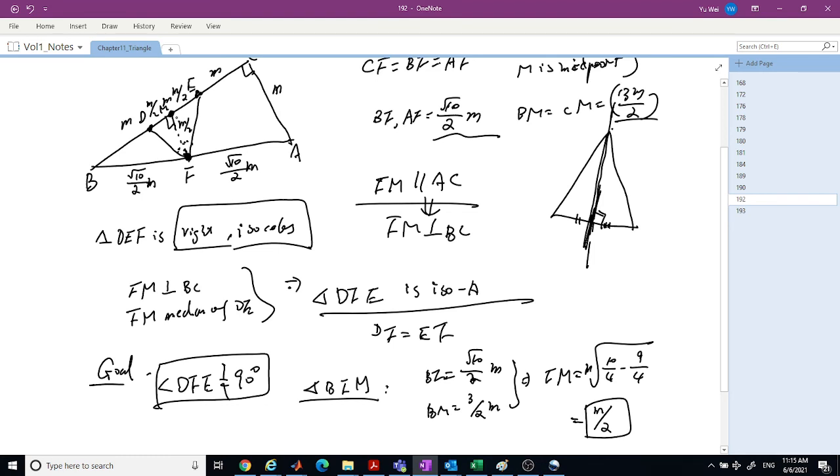So this is M over 2, and this is the 90 degrees. So you know this one is 45 degrees, and this one is 45 degrees.